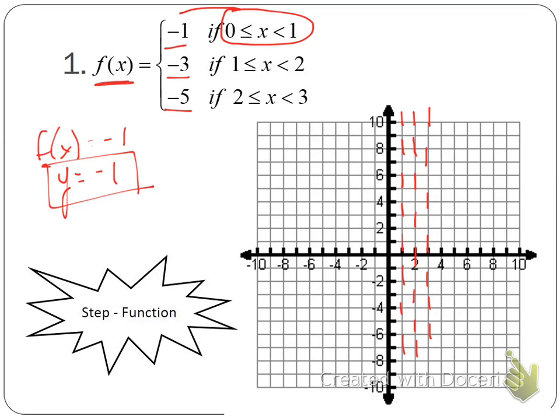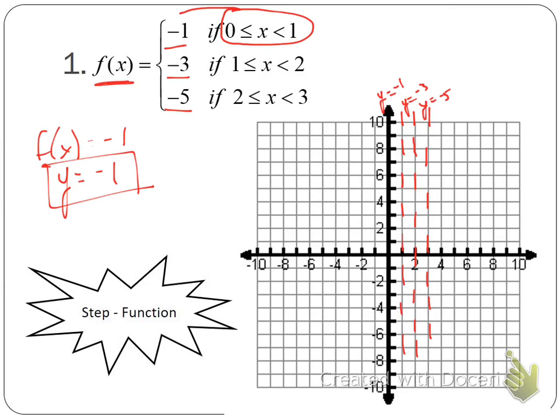And since I can interchange f of x and y, I'm going to do this. In each section, I'm going to write, above each section, the equation that we need to be graphing for that particular part. So y equals -1 is going to go here. Y equals -3 is going to go here. And y equals -5 is going to go here.